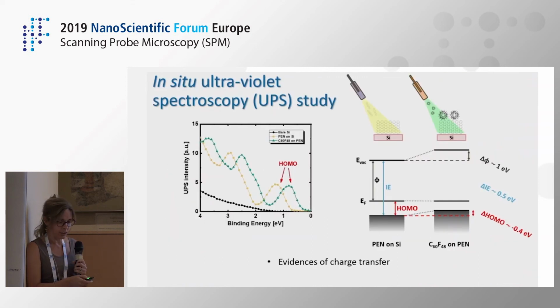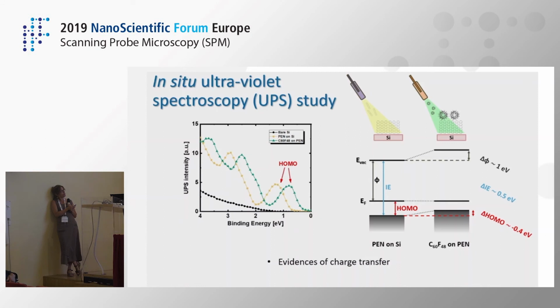So first, before I go to the AFM level, let me show you what an in situ ultraviolet photoelectron spectroscopy, UPS, study is telling us. By this method, the work function change can be quantified by measuring the secondary electron cutoff, and also the HOMO, the highest occupied molecular level of the pentacene, and how it changes when the dopant is deposited.